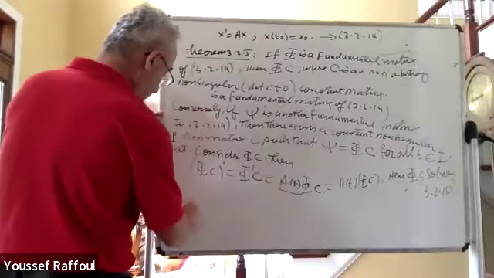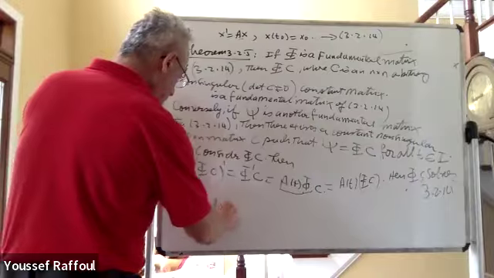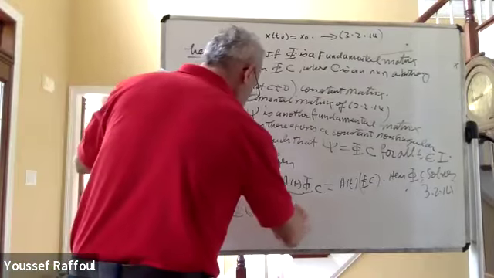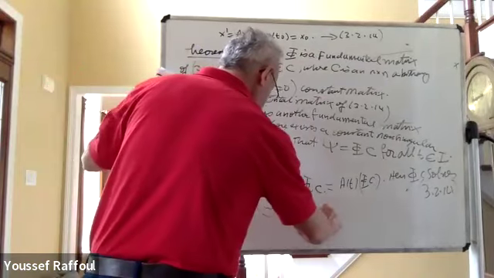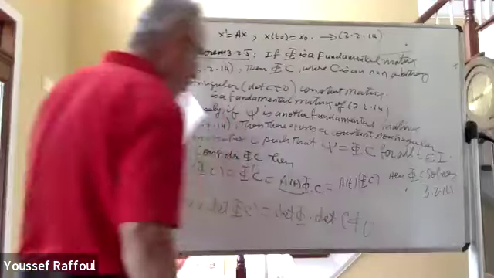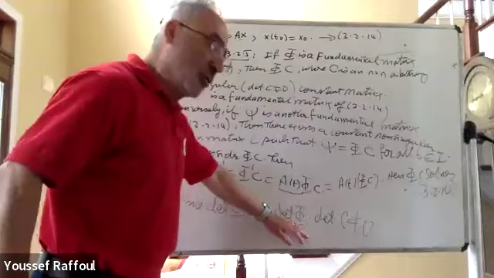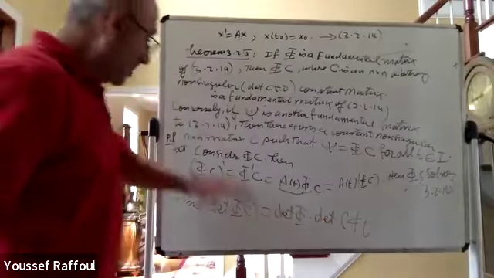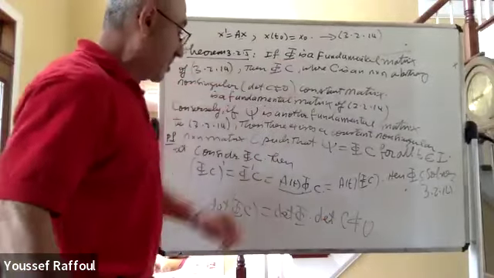Now, since the determinant of phi C equals the determinant of phi times the determinant of C, this is different than 0. Why? Because we know this is different than 0, and the determinant of C is different than 0, because phi is a fundamental matrix.